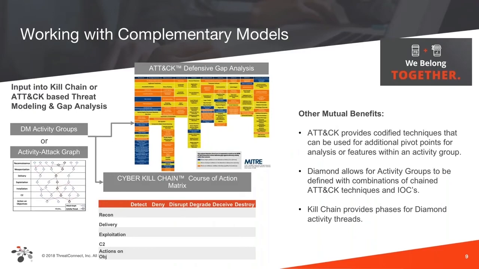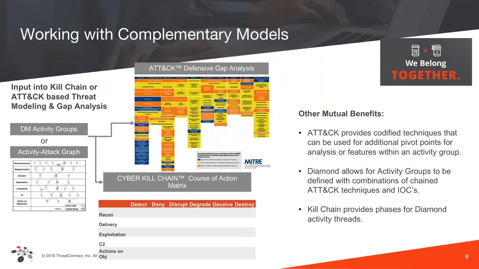All right, so next, the diamond's been around for a while, but by no means do we attempt to treat it as the be-all, end-all. It gains power and even relies on other models that have been developed or are being developed.